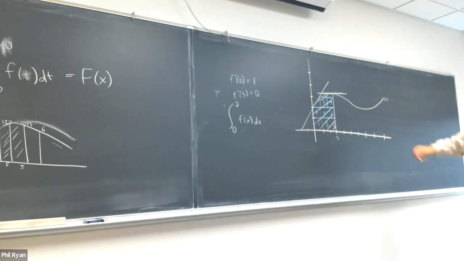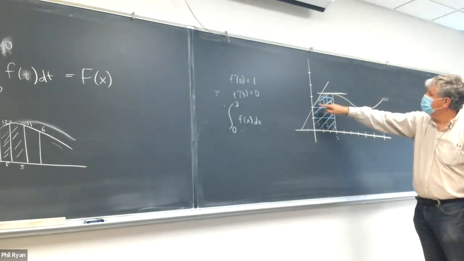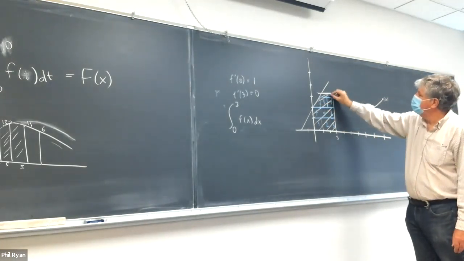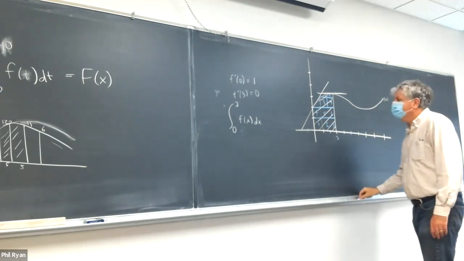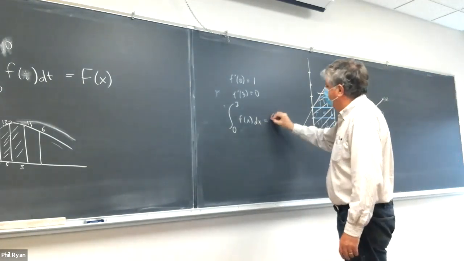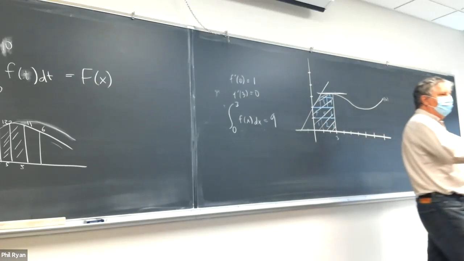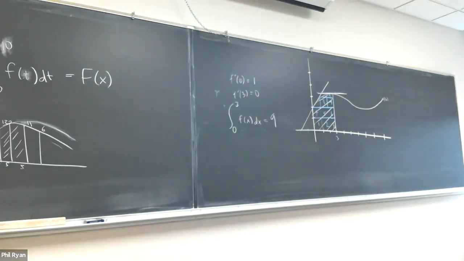And then we've got that, and that looks to be around a 9. However good we are at measuring things, how good our eye is, how straight our ruler is, if we're careful, we can come up with estimates for that.